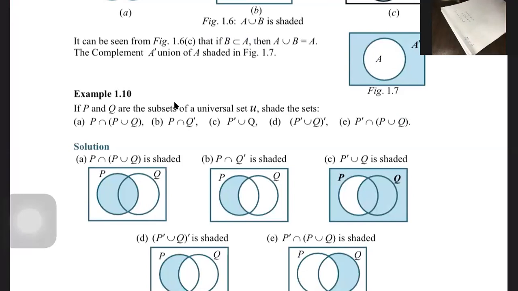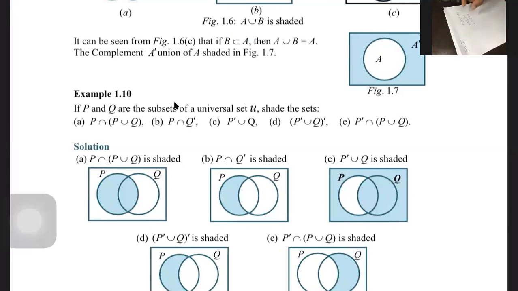Now, anytime you hear complement, the first thing that should come into your mind is the universal set. Because every complement has to do with the universal set, because it relates to the universal set. So here, if I decide to find A complement, look at the elements of A, the numbers that A has, go into the universal set and pick those numbers out.